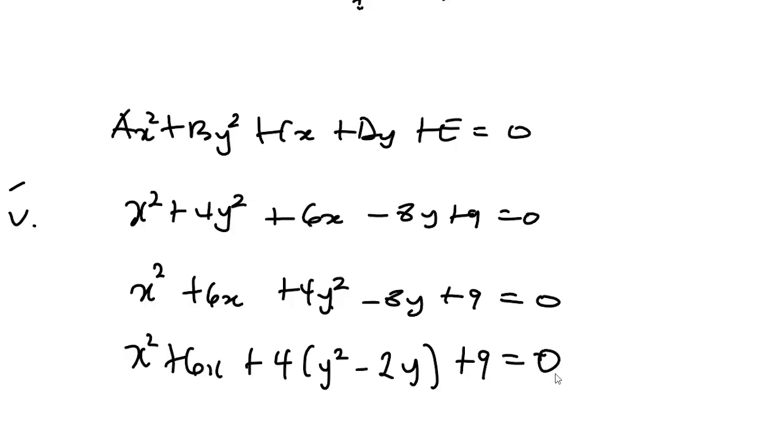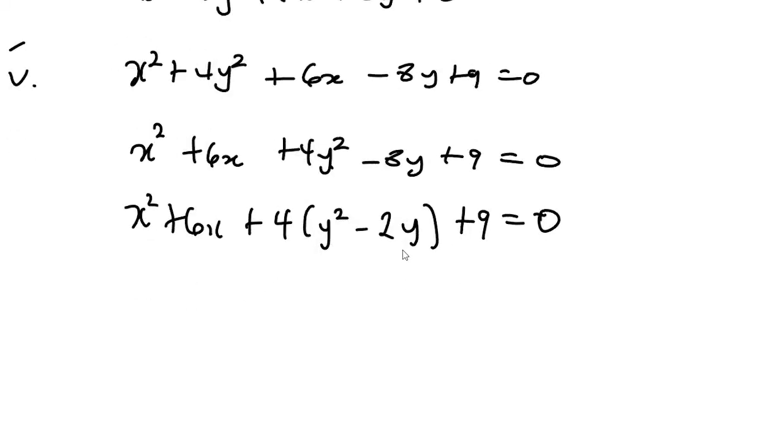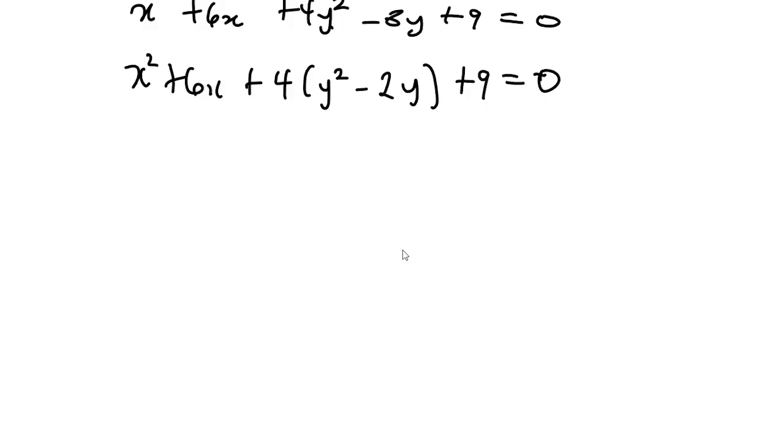Alright, so we have this. So we can do that. Let's see. How is it going to be? Okay, so we have this here. x squared plus 6x. So add and subtract the square of the coefficient.